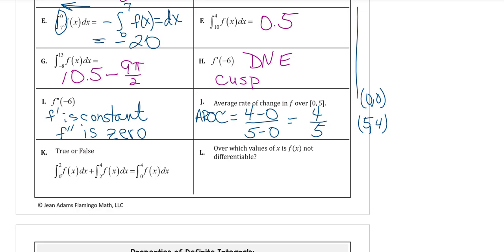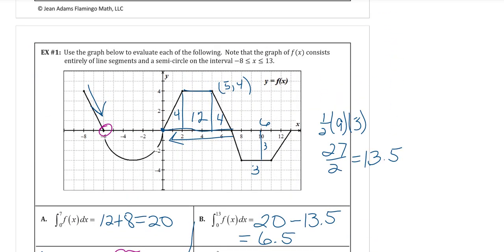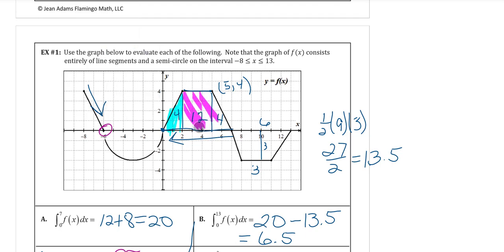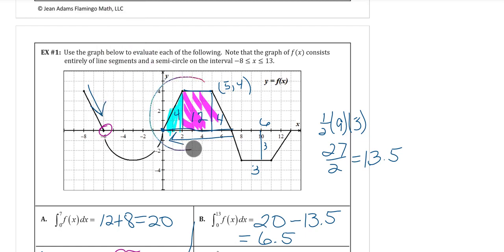Okay, and then we want to see if this is true or false. So we want to know if we add the area from 0 to 2 to the area from 2 to 4, do we get the area from 0 to 4? So let's take a look here. This is saying if we take the area from 0 to 2 and add to it the area from 2 to 4, do we get this total area from 0 to 4?